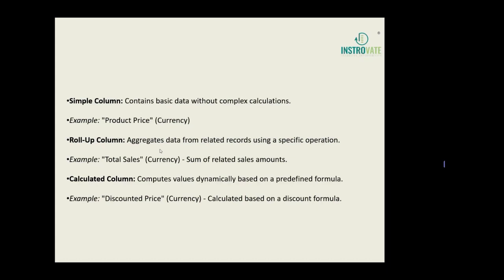For example, total sales, where for currency we choose the data type, and the sum of related sales amount. Now the calculated column computes values dynamically based on a predefined formula, like discounted price, again currency, calculated based on a discount formula.